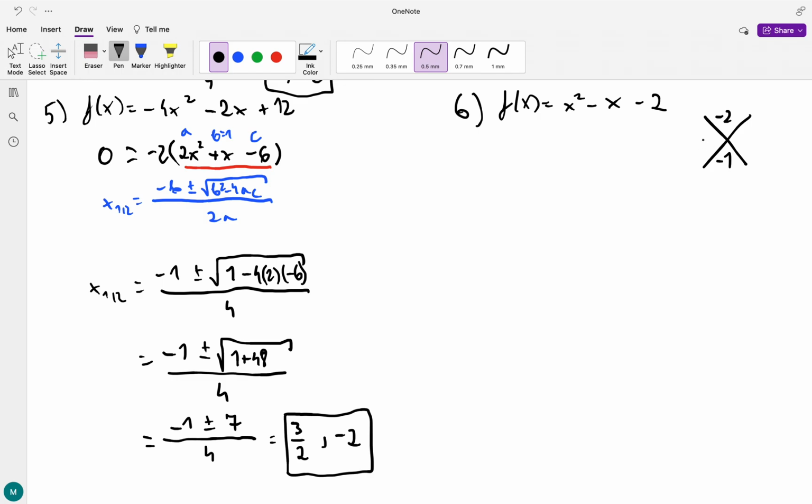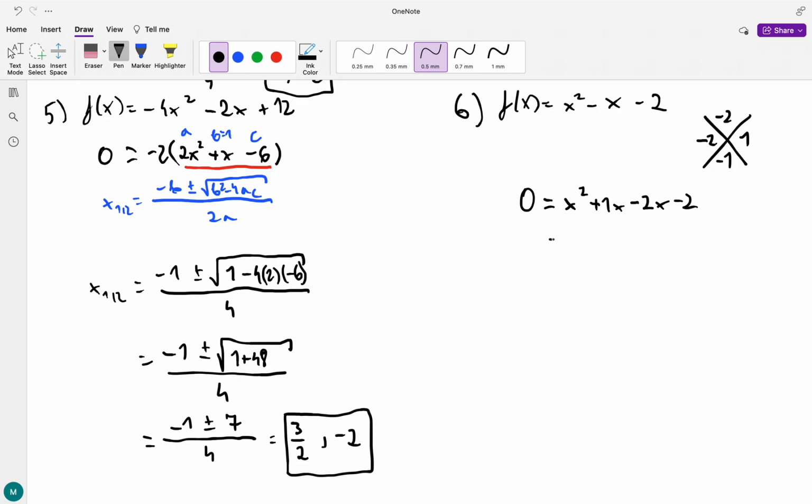With -2 and 1, right? 1 minus 2 is negative 1, negative 2 times 1 is negative 2. Perfect. So let's make our function equal to 0 and rewrite our negative x in terms of positive 1 and negative 2. So x squared plus 1x minus 2x minus 2.